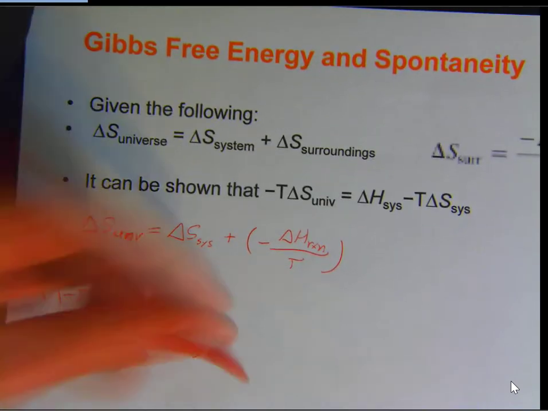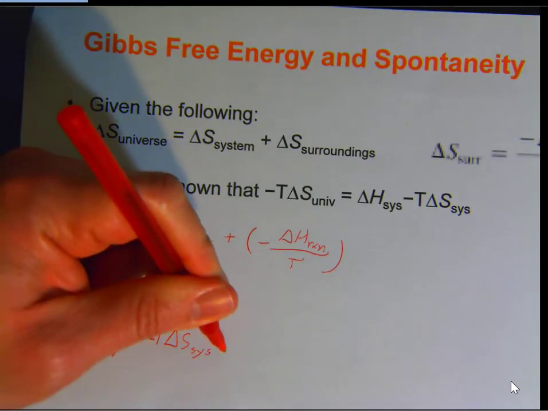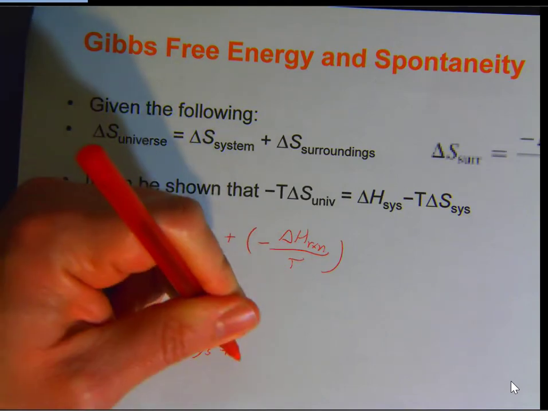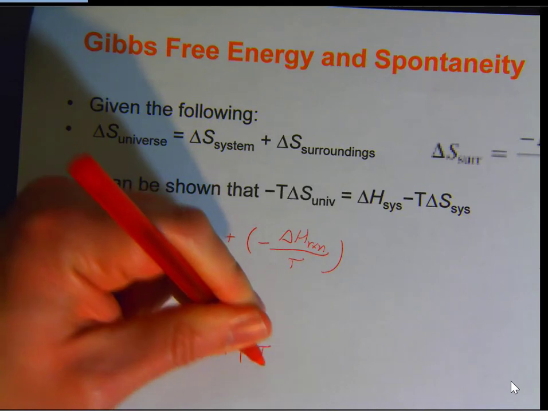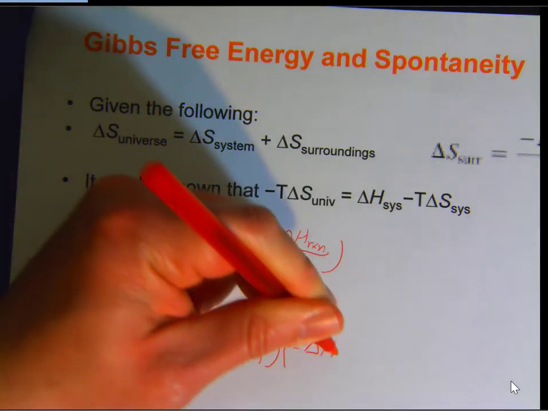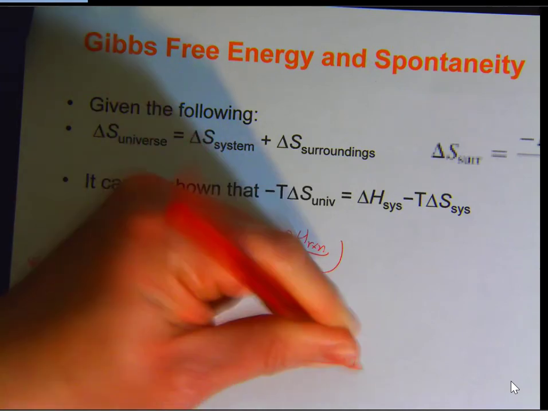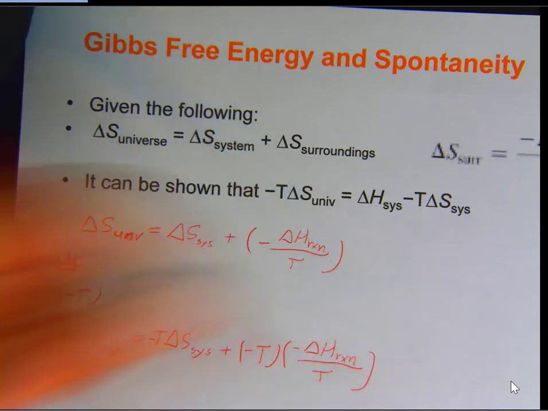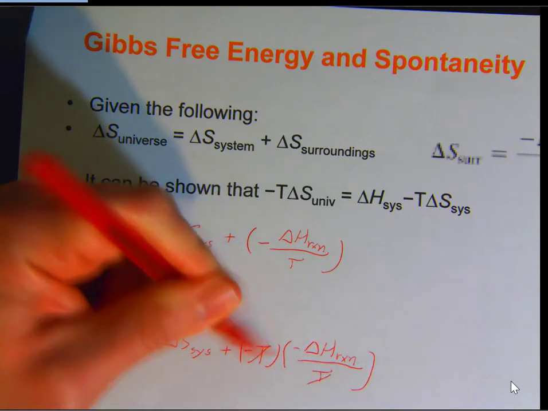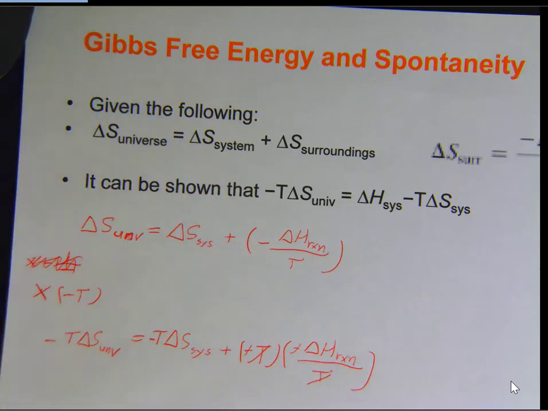And then for this last one, I'm going to do this in a few steps. We would have times negative T times negative delta H of reaction over T. So what's going to happen here is the T's will cancel and the negatives will cancel.